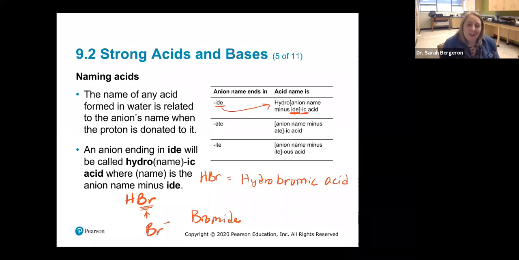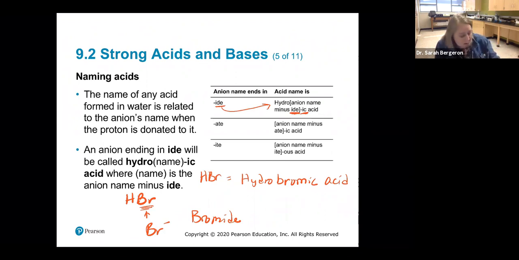If it ends in ATE, then that's something that you're going to find on the polyatomic ion table. If it ends in ATE, then we're going to change the acid name to something that ends in IC. If it was a polyatomic ion and it ended in ITE, we replace that ITE with OUS.